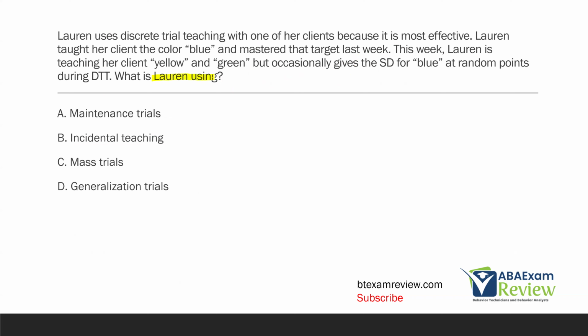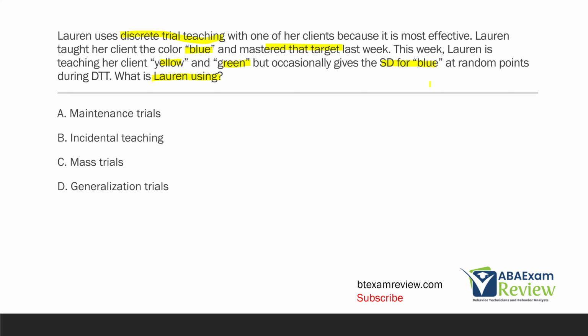We're looking at Lauren's behavior, and Lauren is using some sort of discrete trial teaching. So we know that immediately. We're looking at DTT. Now, Lauren originally taught her client the color blue and mastered that target. This week, what is Lauren doing? She's teaching yellow and green, but she is still occasionally giving the SD for blue at random points.